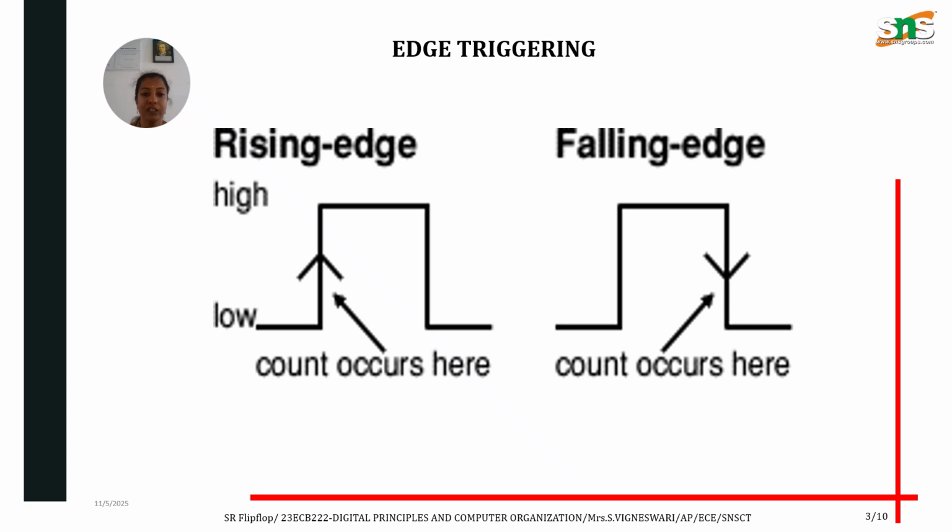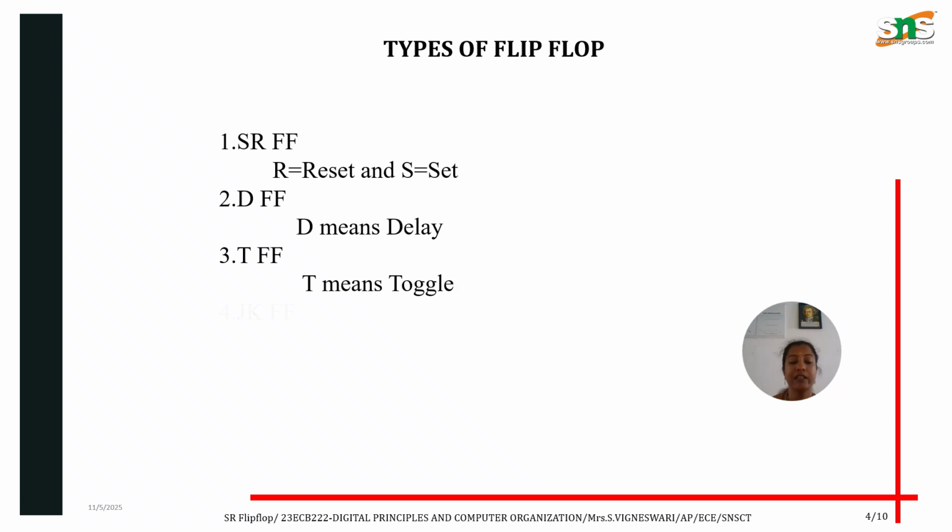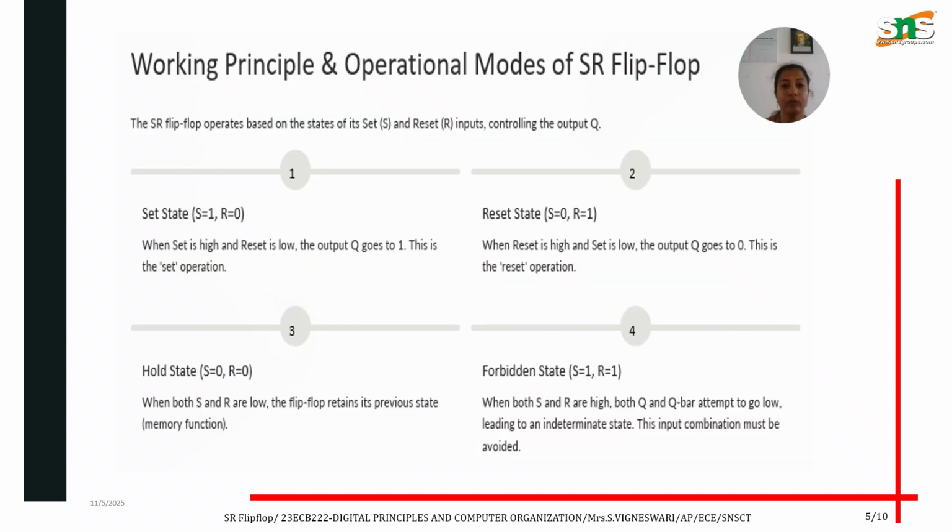So based on the edge triggering also the flip-flop will be triggered. So what are all the types of flip-flops? Set-reset or SR flip-flop, delay or D flip-flop, toggle or T flip-flop, and JK flip-flop. So these are the different types of flip-flop, and today we are going to discuss the SR flip-flop in detail.